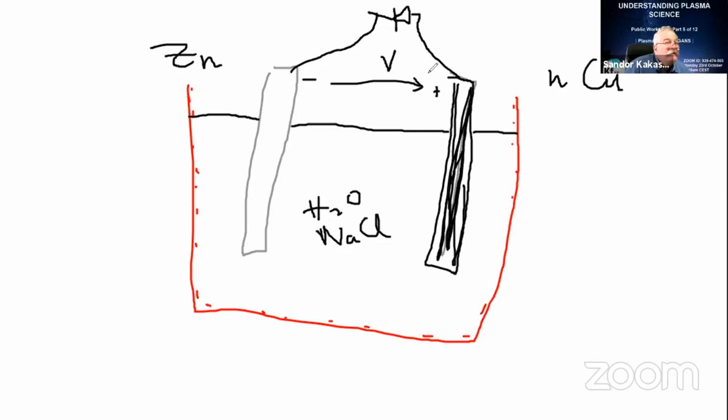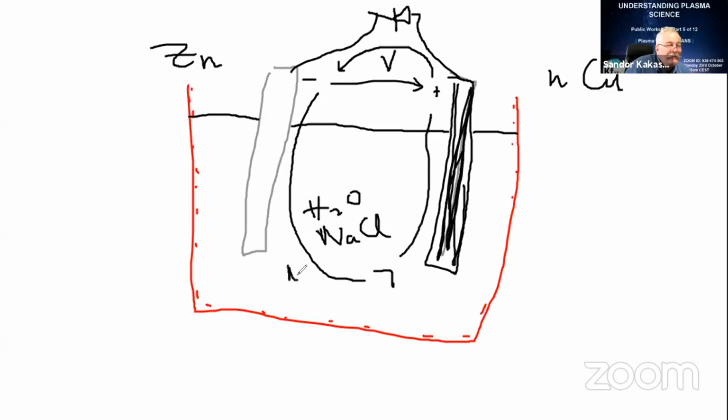So you will get some electric current, which will go through the wires on the top and inside through the ions of the water. So you will get a current here.